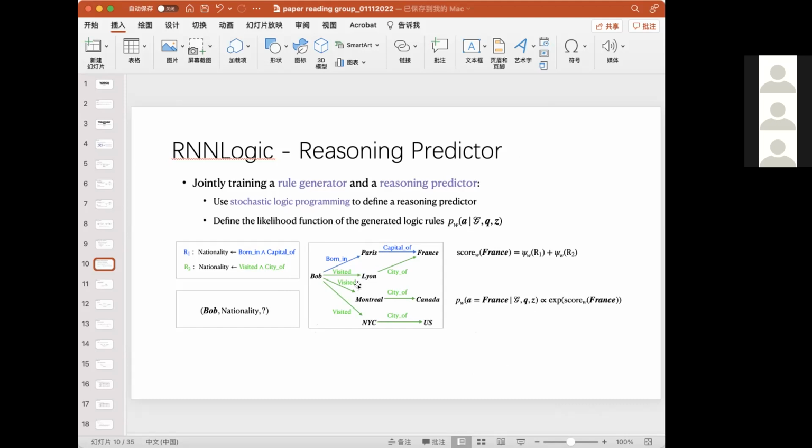For example, with a knowledge graph, we may infer that Bob has a very high probability to be a male, and at the same time a very high probability to be a female.